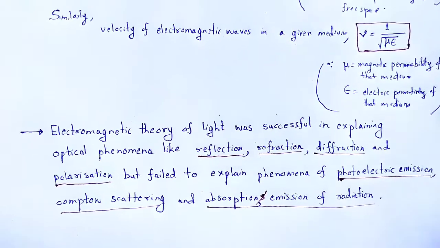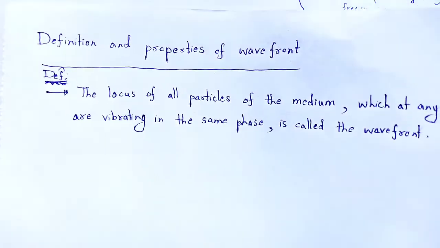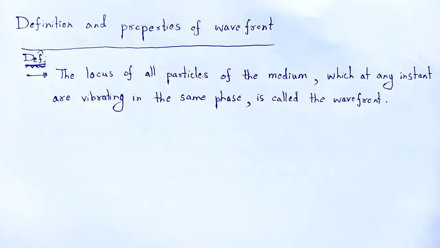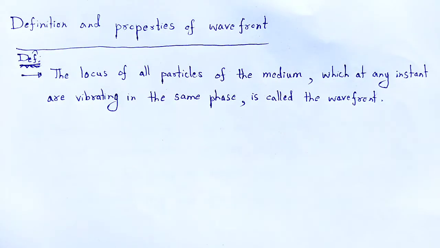Now, we study the definition and properties of wavefront. According to the wave theory of light, as we discussed, a source of light sends out disturbance in all directions in a homogeneous medium.